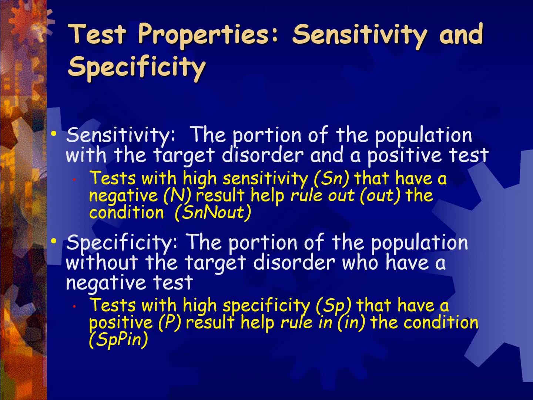When we look at those definitions and think about how this can help inform our practice, it's important to note that tests with high sensitivity that have a negative result help us rule out the condition, and we can use the acronym SNOUT for that. With regard to specificity, tests with high specificity that have a positive result help rule in the condition, and we can use the acronym SPIN for that.